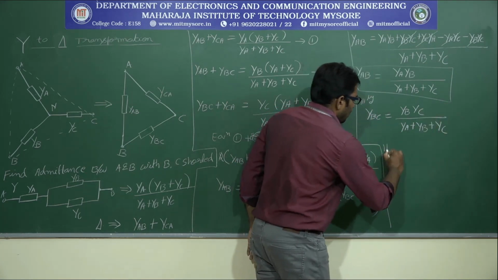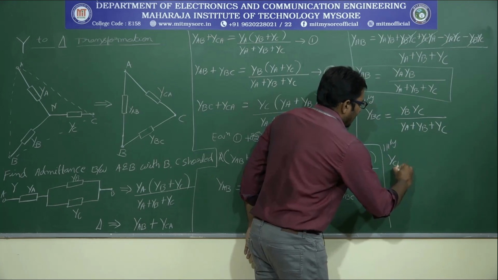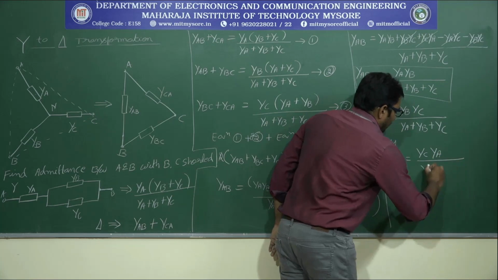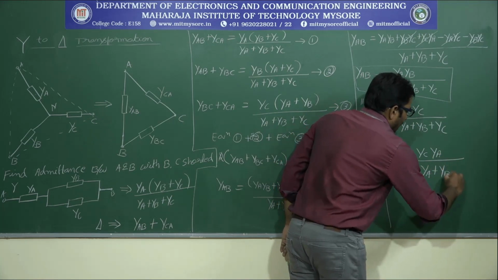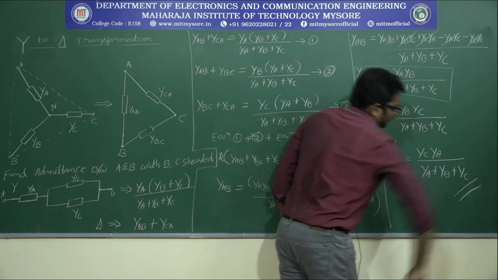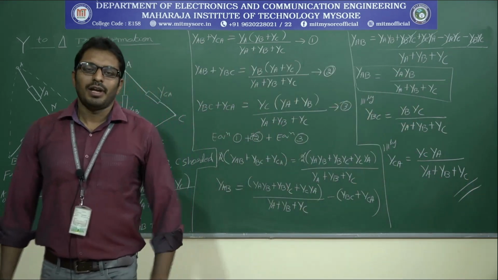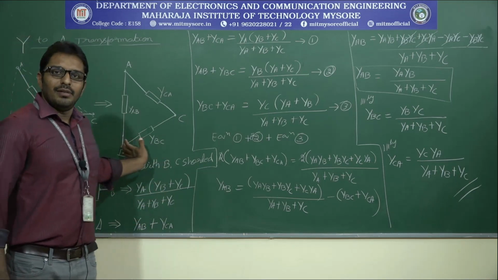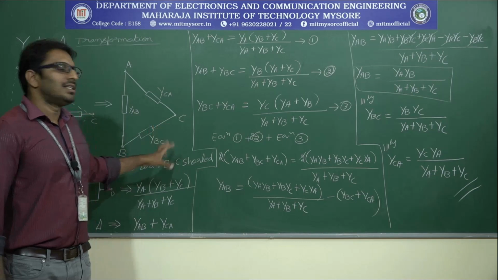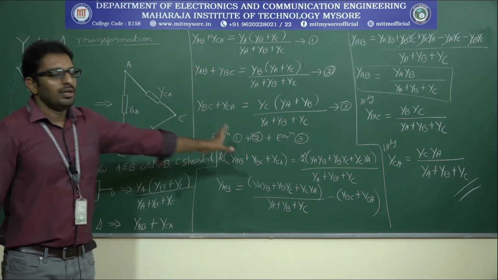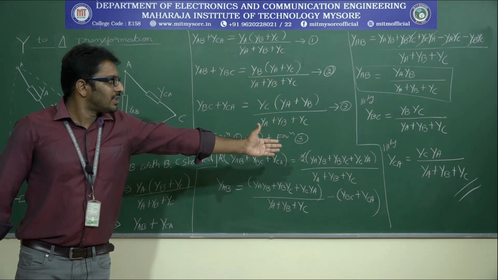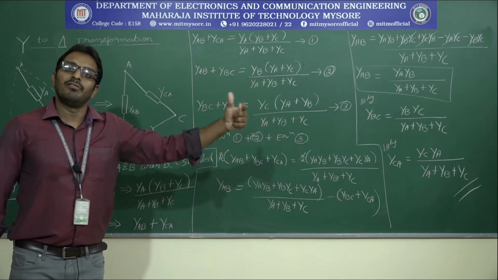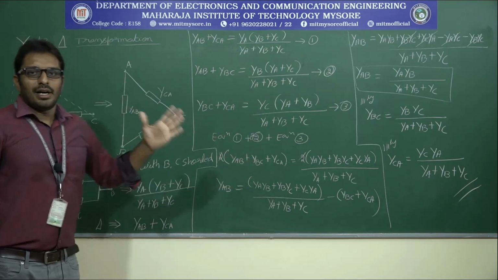And similarly, YCA is equal to YC into YA divided by YA plus YB plus YC. This is how we obtain the equivalent admittances in delta when 3 admittances are connected in star pattern. These 3 are the standard formulas to find the equivalent admittances in delta format.